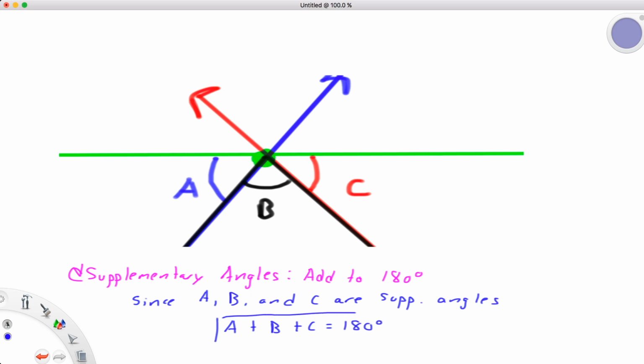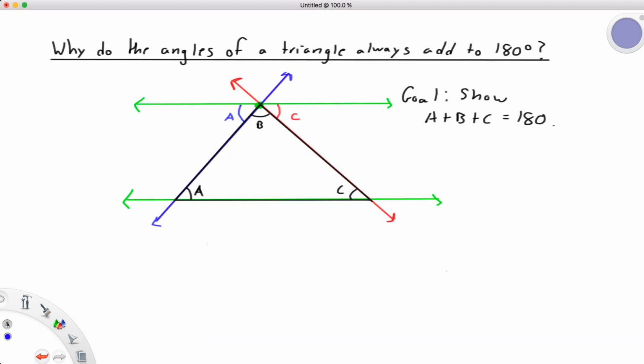And that A, B, and C are the same A, B, and C of our triangle here. And so we have that A plus B plus C has to equal 180, and thus the sum of the angles of a triangle has to add up to 180 degrees.